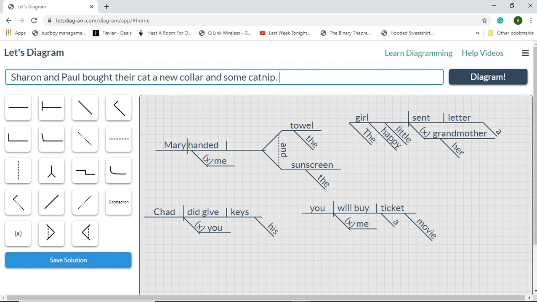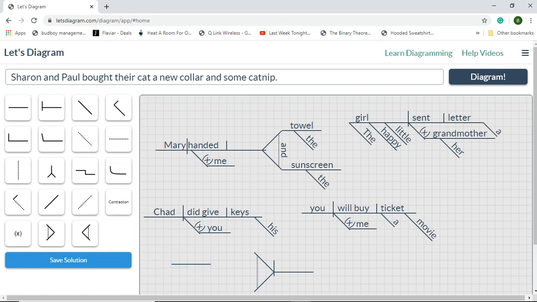Alright, this is a big one. So, we have to do our cross. But if you look at this, we have Sharon and Paul, which is a compound subject, right? We have 2 subjects. So bring it in here.